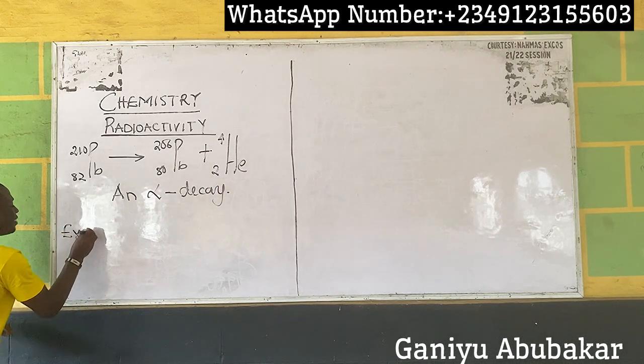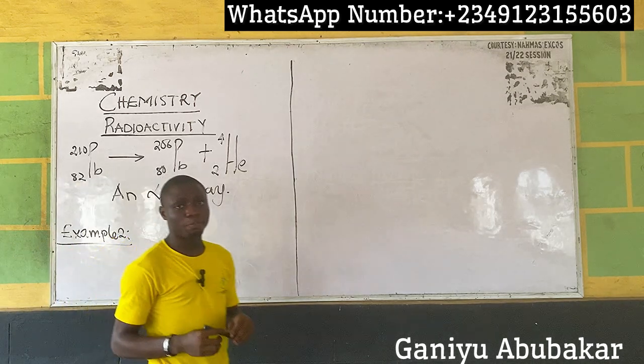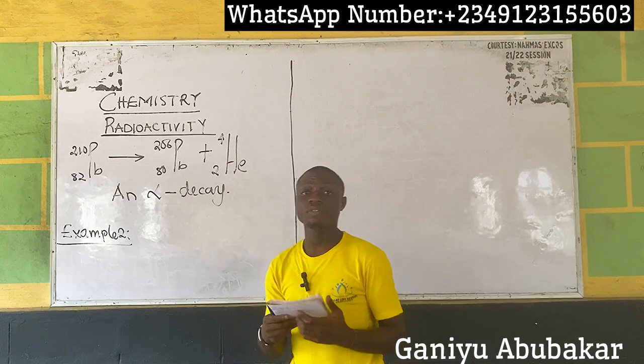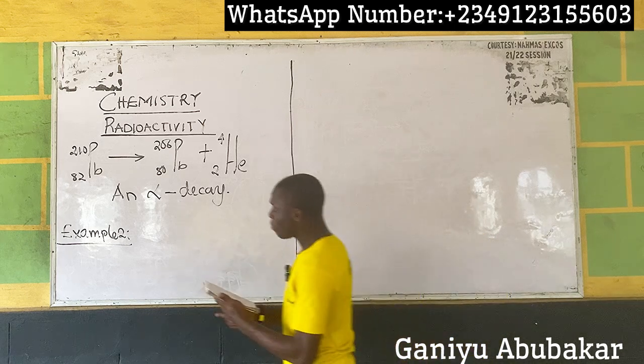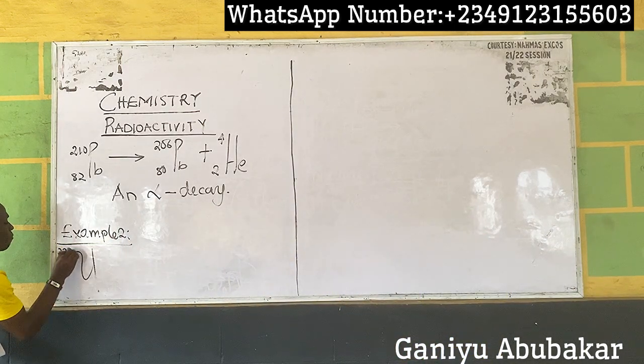Let's move to example 2. The radioisotope uranium-235 decays by emitting 2 alpha particles, 3 beta particles, and a gamma ray. What is the mass and atomic number of the resulting element? So I have uranium-235.